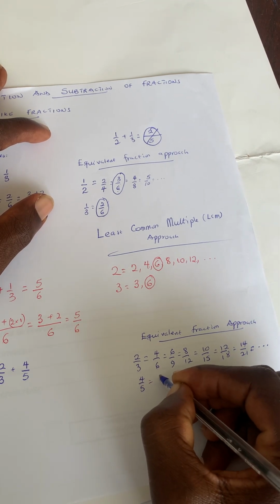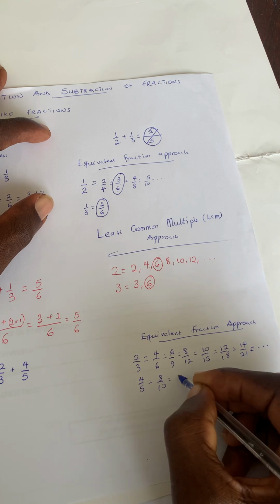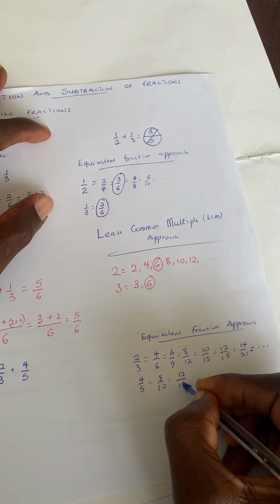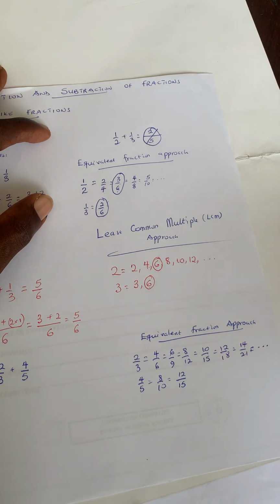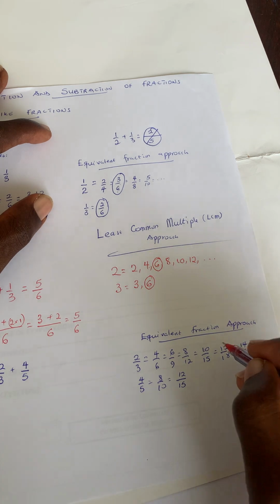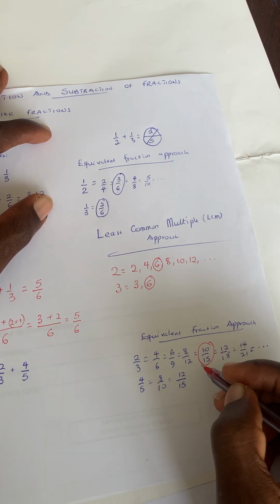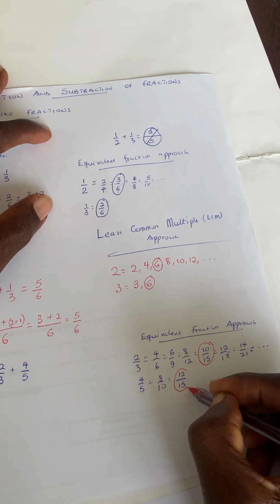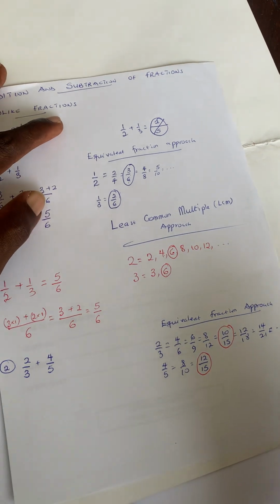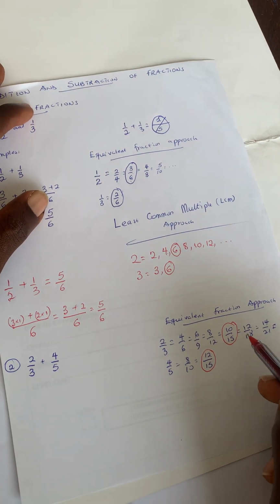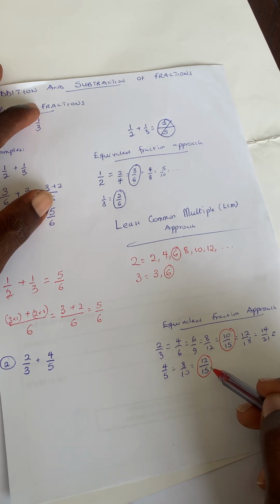That gives us 8 over 10, 12 over 15. You can see that we've got a common denominator of 15: 10 over 15 for 2 over 3 and 12 over 15 for 4 over 5.